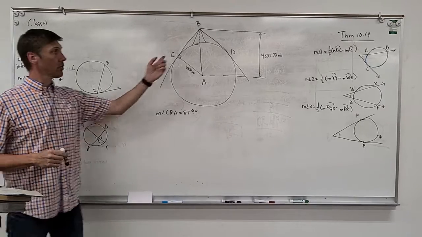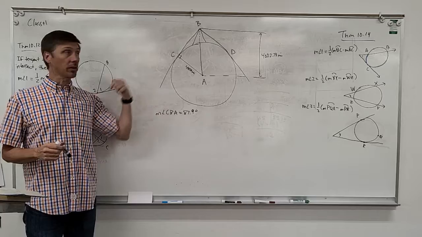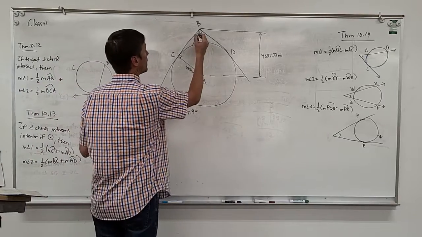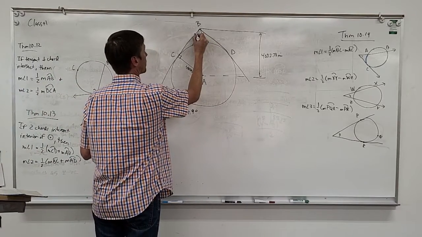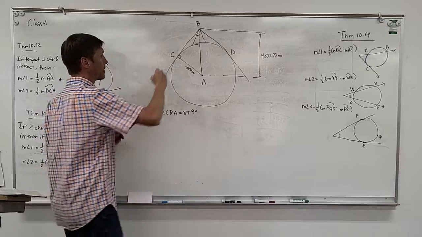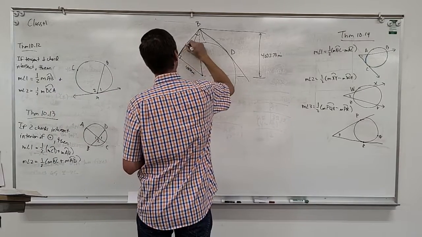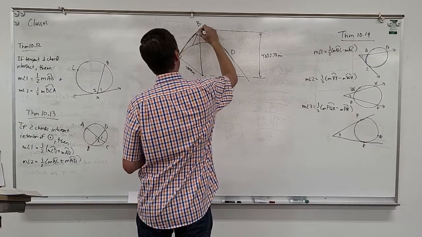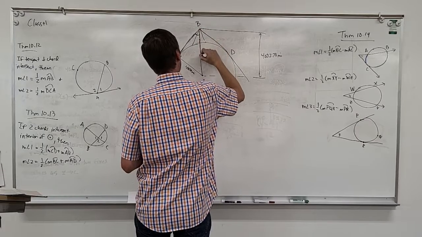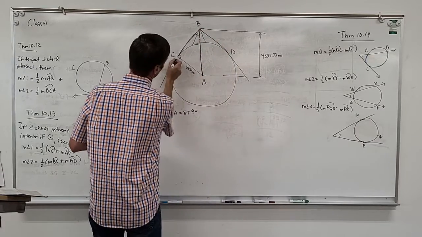Since this is a right angle, then we know we can use our trig functions to figure out what this angle is right here. So we've got this big right triangle. It goes from here down here and over to here.